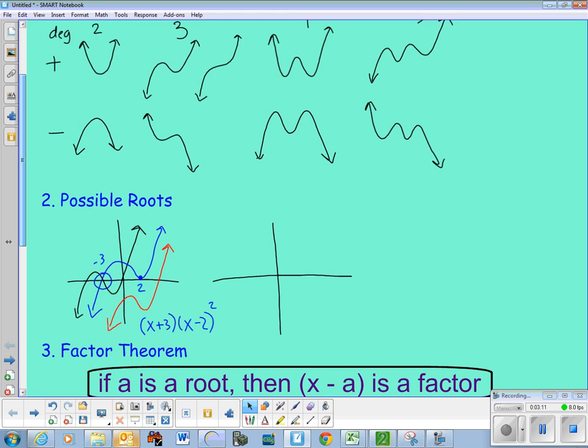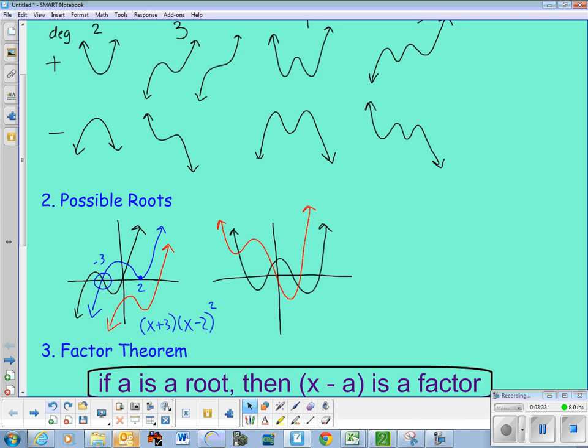So 4th degree could have 4, like that. It could have 2. Oh, that's going to have 2. Let me take that back. It could have 2 like this. All right, the 2 little dips in the W shape don't have to be on the same level.